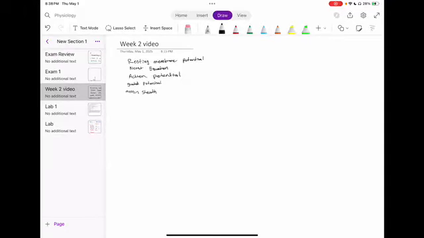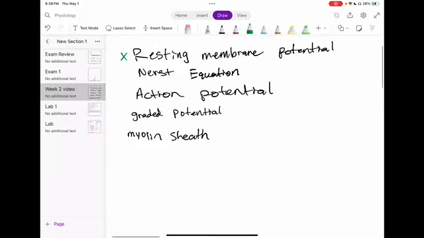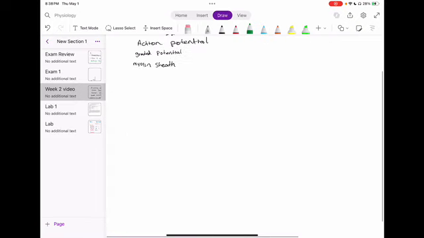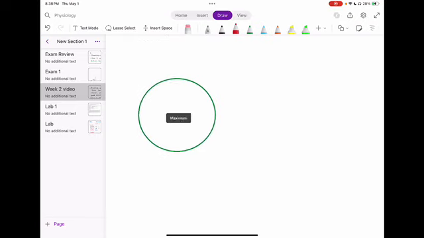Video for week 2. Today we're going to start off by talking about resting membrane potentials. And so we're going to start off here by drawing a cell. Inside the cell we have sodium. Outside the cell we have potassium.